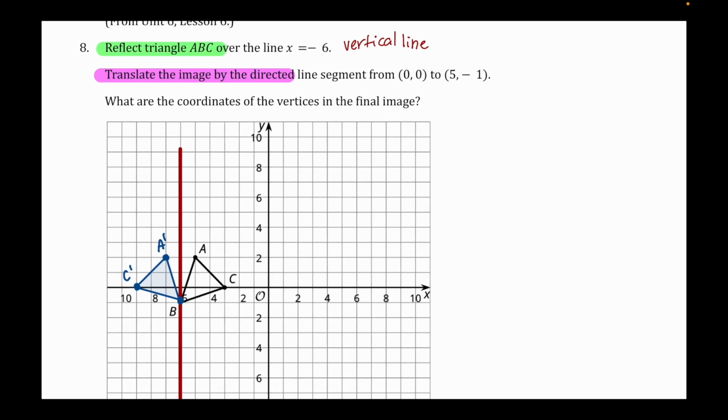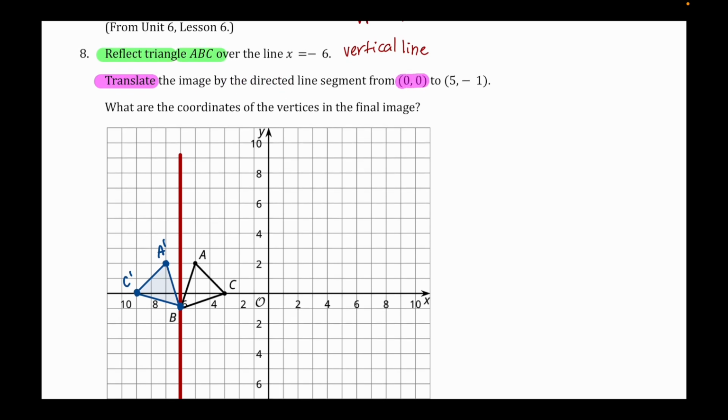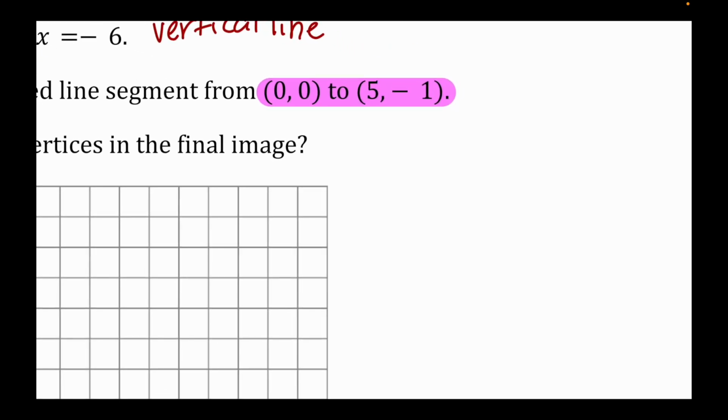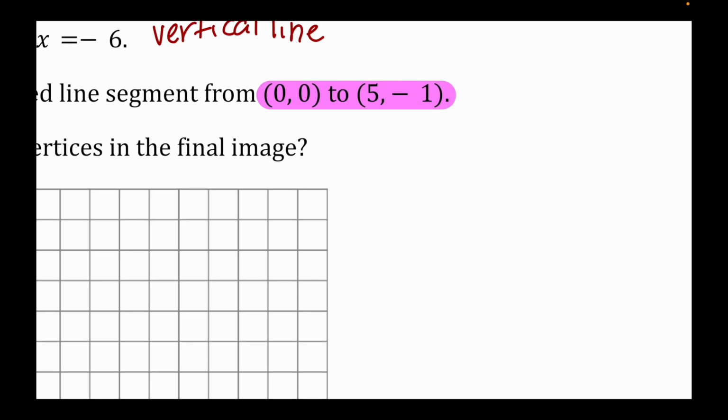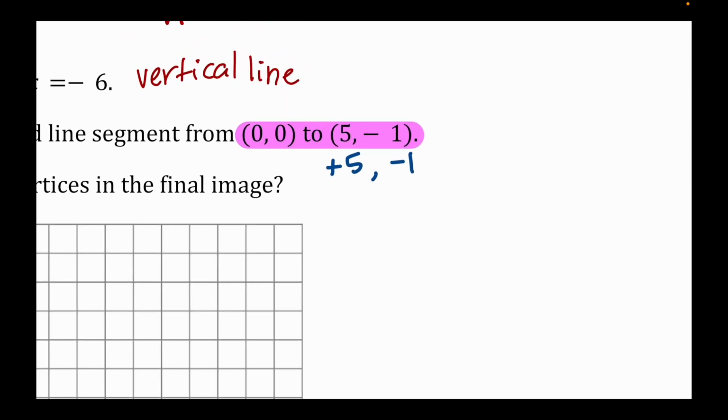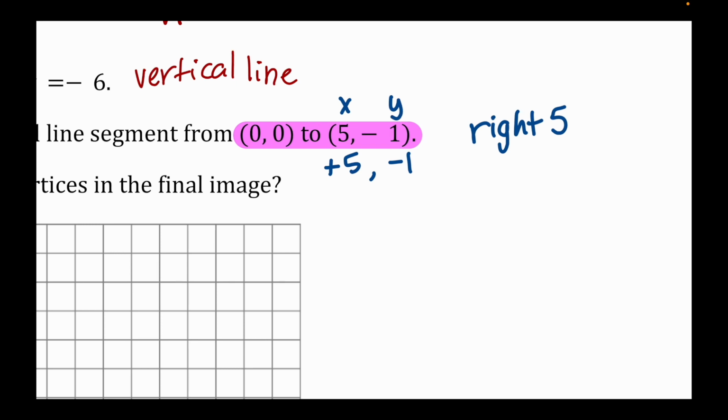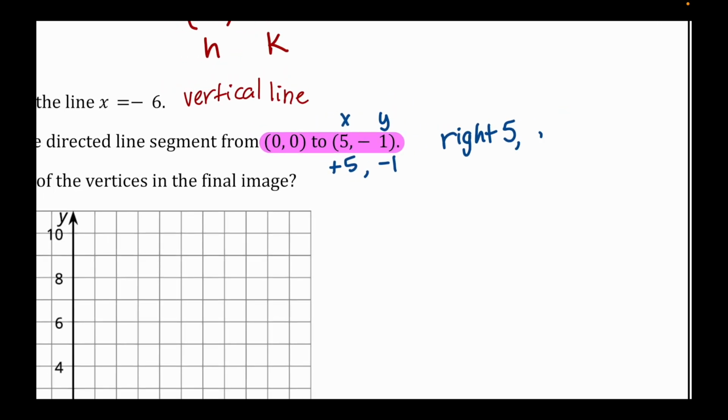Now I'm going to take this line segment and we're going to translate the image. And this is by a specific directed line segment. So we're going to interpret what this means right here. If it goes from 0, 0 to 5, -1, this means we're adding 5 and subtracting 1. So on the x-axis, adding 5 is right 5, and on the y-axis, subtracting 1 is down 1.